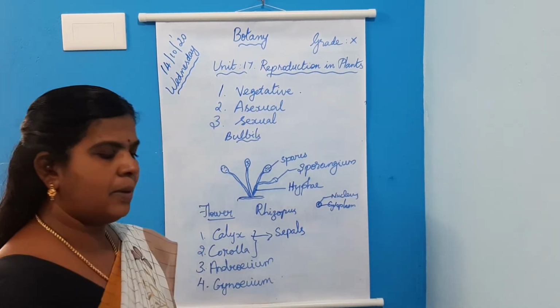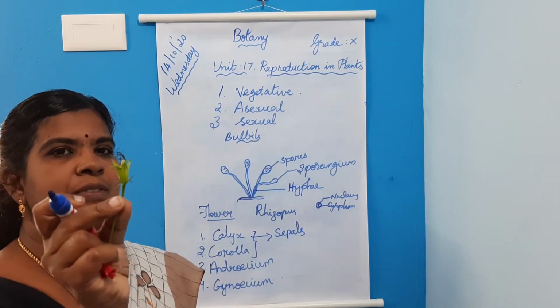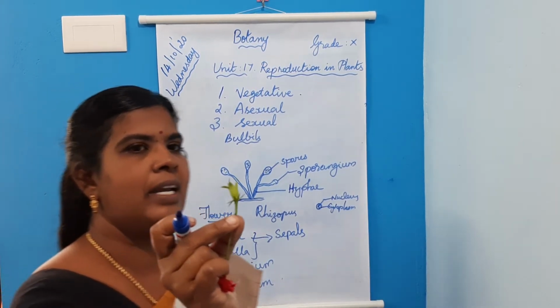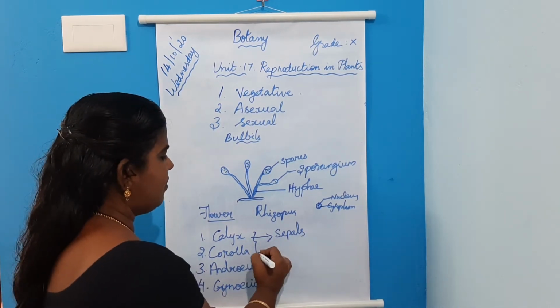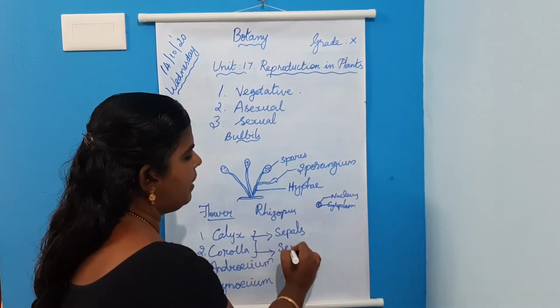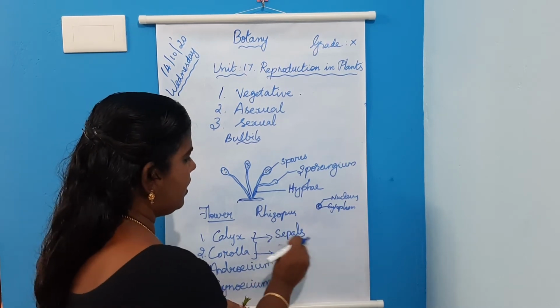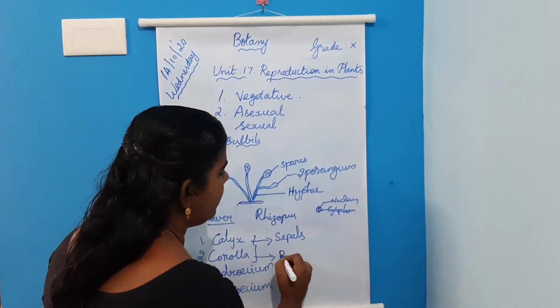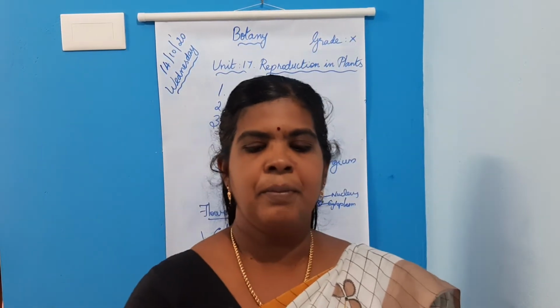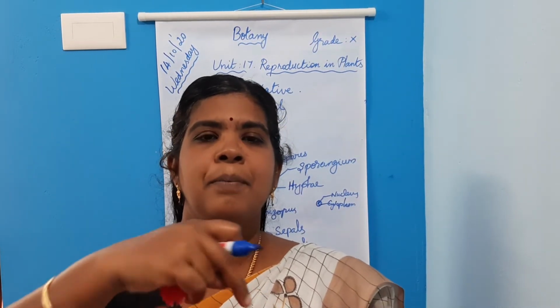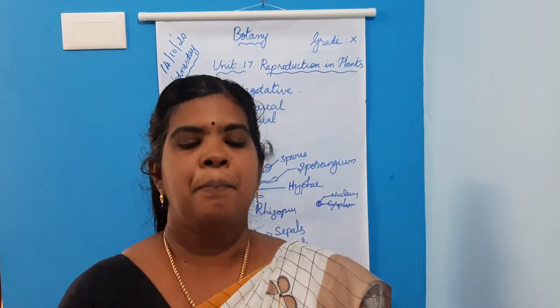These sepals protect the flower when it is a bud. The corolla is made up of brightly colored petals.